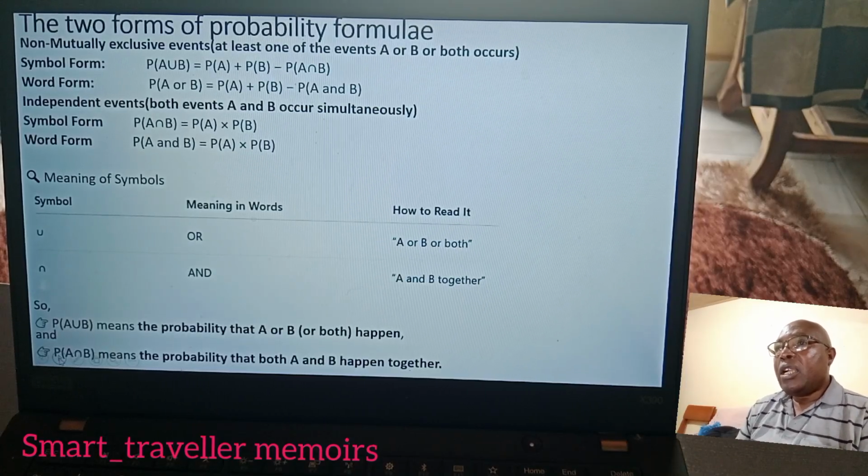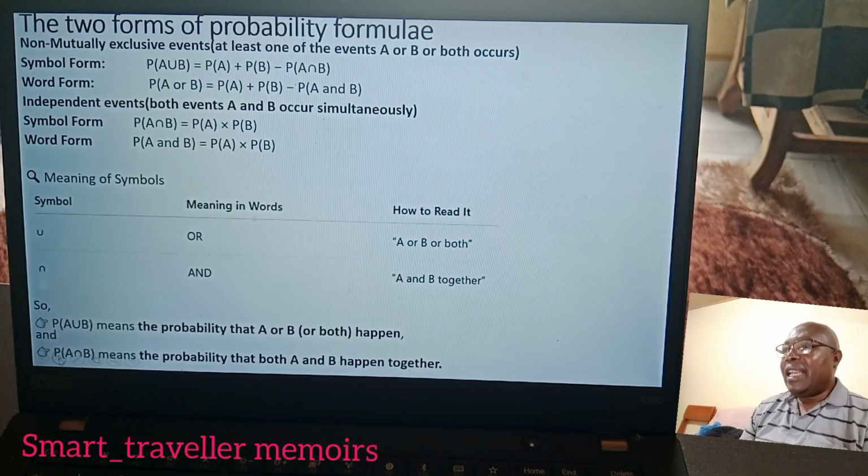Let's look at the meaning of the symbols. The U meaning in words is or. How to read it is A or B or both. The inverted U meaning in words is and.